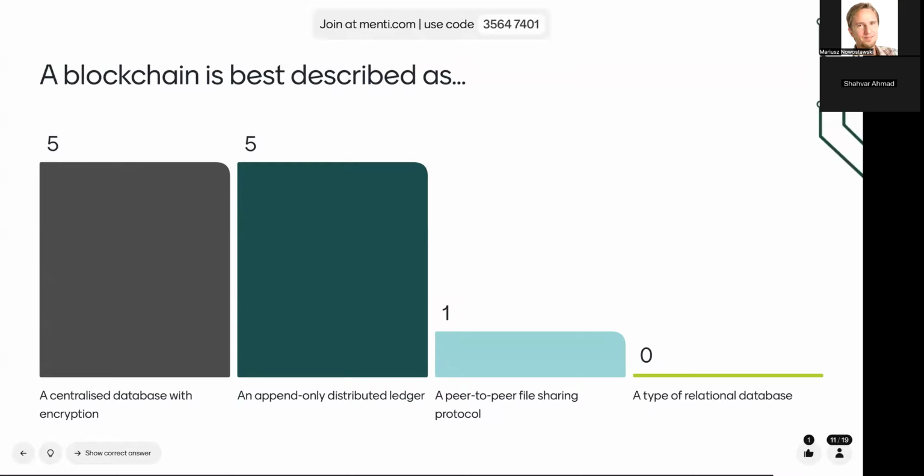It is not centralized because it does not have a single point of failure. So there is no single element that you can shut down which shuts down the system. So it's not a centralized database. It is an append-only distributed ledger. And it is not a type of relational database. You don't have relations.